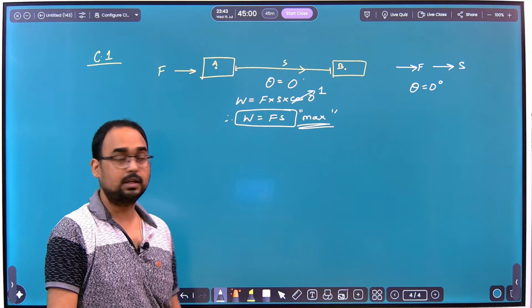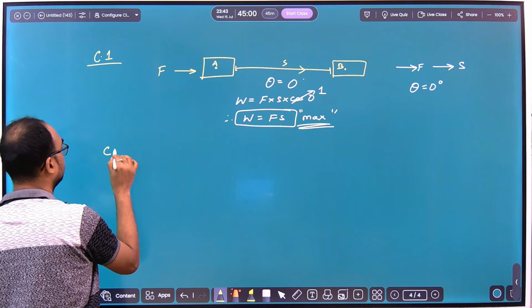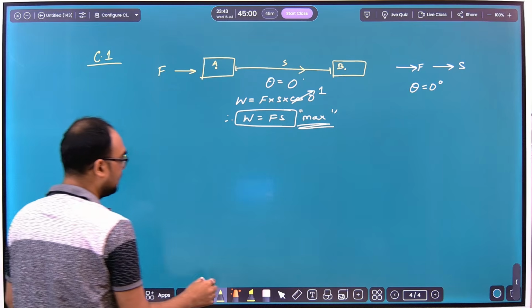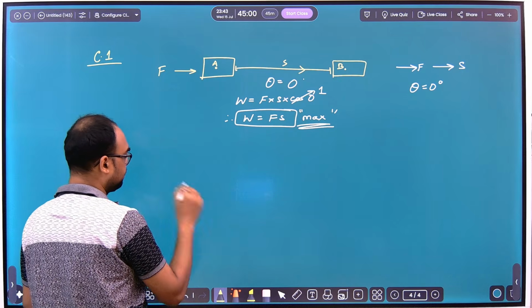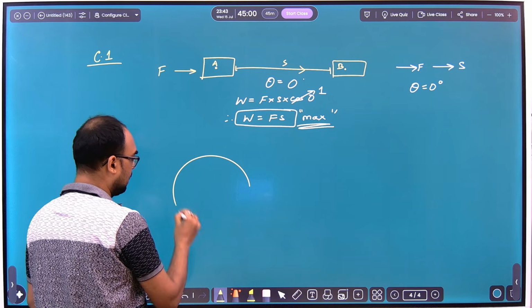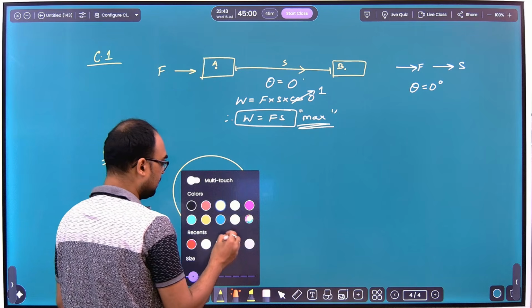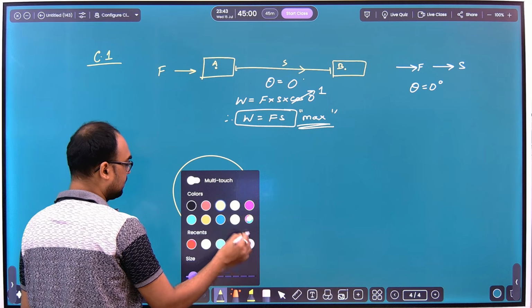Okay? Now, let's take condition number 2. Let's say a body is rotating in a circular path.